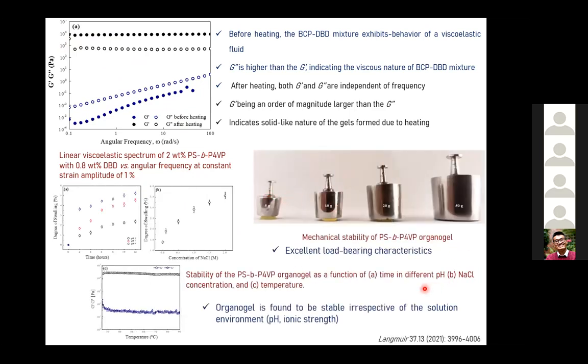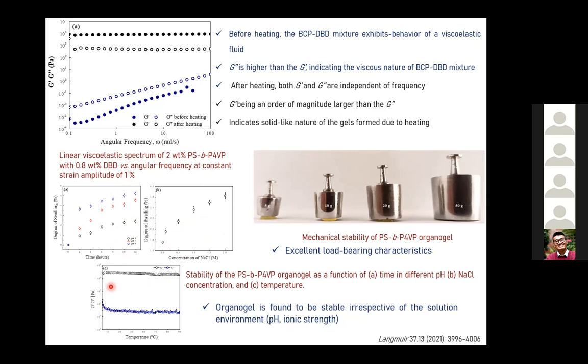After that, we checked the stability of these gels. For any applications, especially with water, we have to see how the gel responds to various pH, and you can see that we don't see much of an increase in the swelling degree with various pH, and also in sodium chloride. A maximum of only 4% swelling we see.